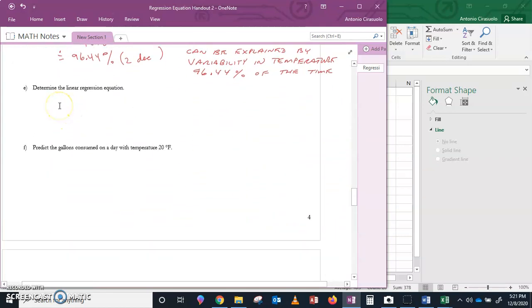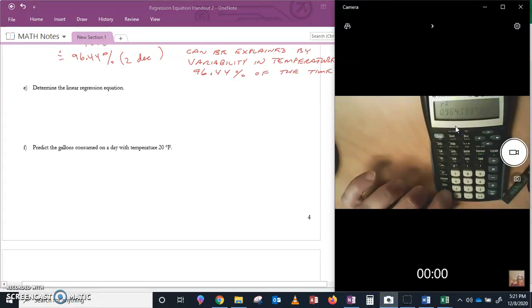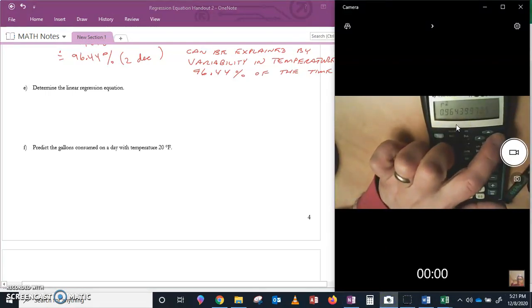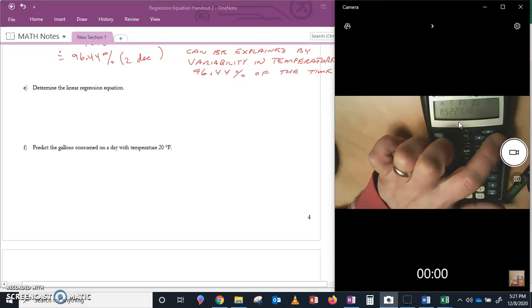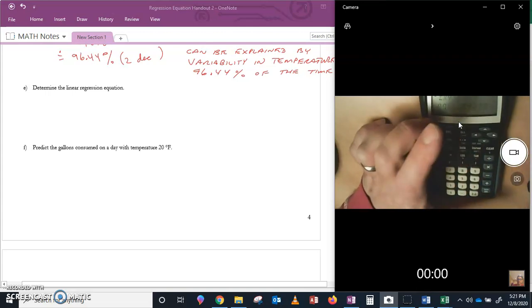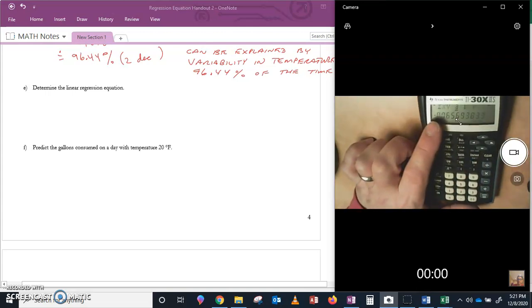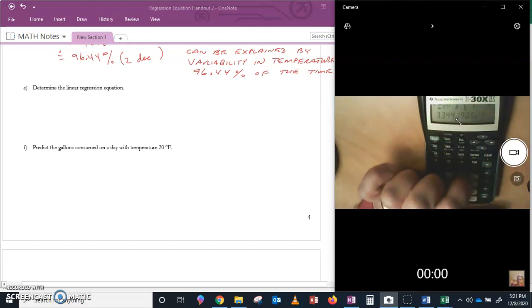Determine the regression equation. Well, it's there on the plot, but as well from our calculator, if we scroll over in our stat bar, we will have the equation. So there's our A. Remember, A stands for the slope and B stands for the y-intercept.